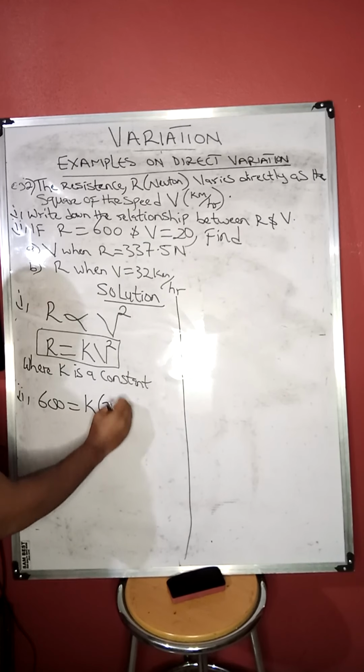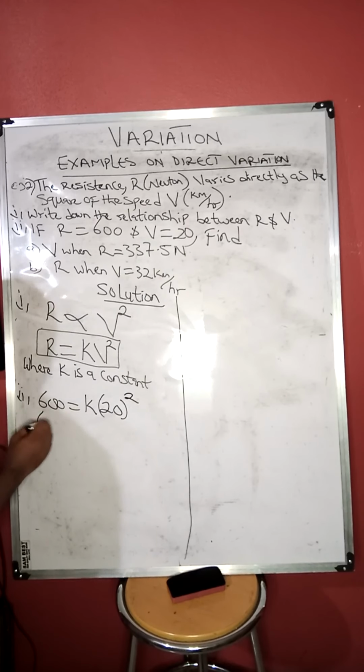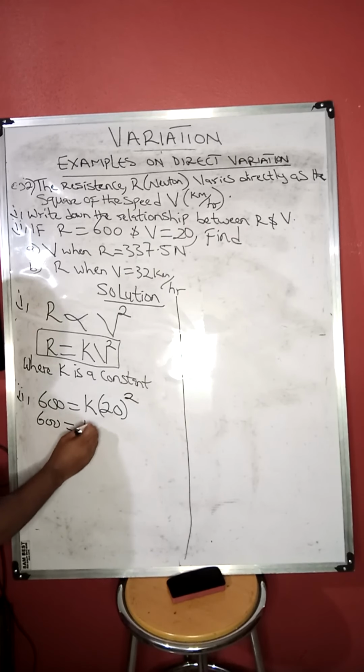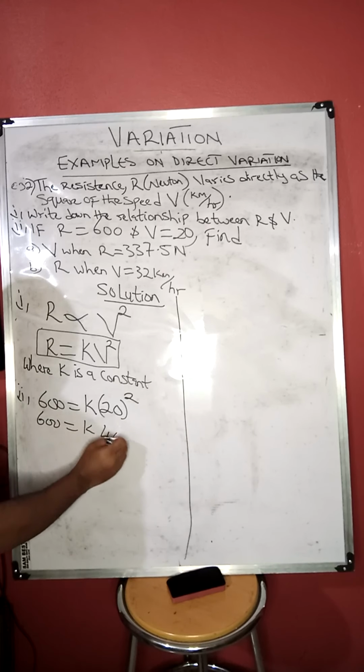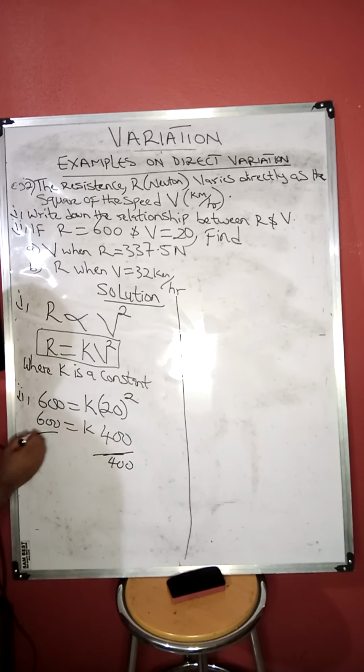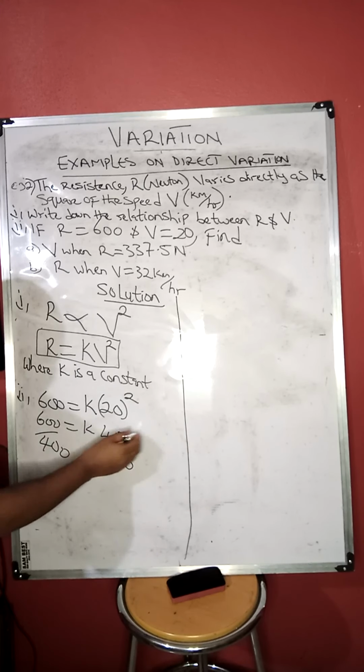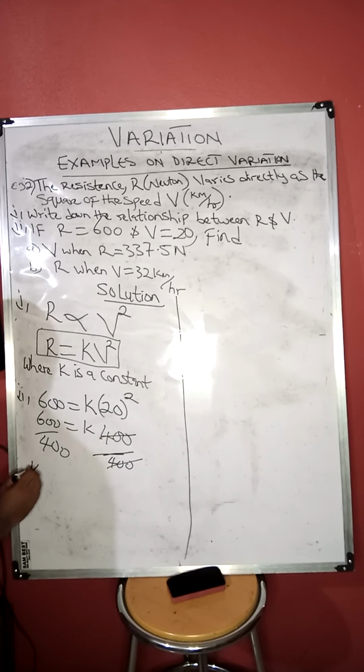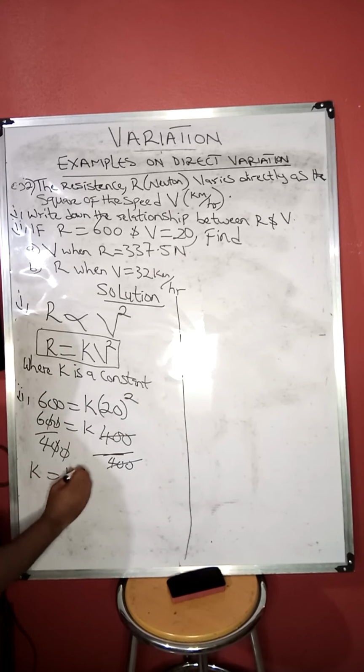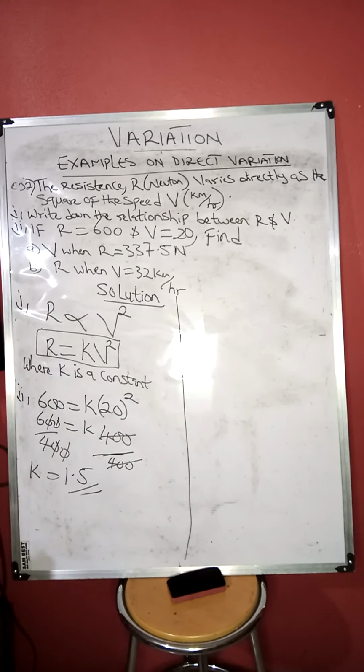Don't forget the V is squared. So I'll be having 600 equal to K times 20 squared, which is 400. So to get my K, I'll be dividing both sides by 400. Anything I do to my left, I do to my right. So that this will cancel this. So I'll be having my K to be 6 over 4, that's about 1.5. So I'm having my K to be 1.5.